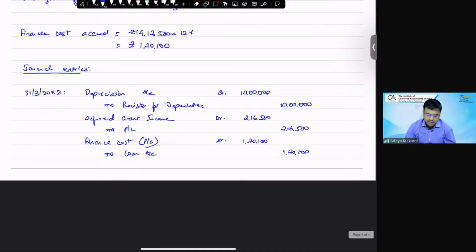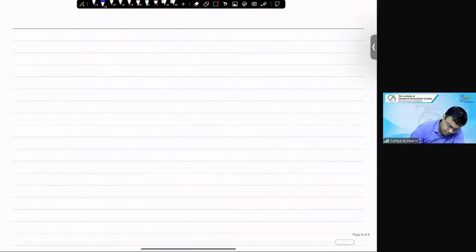So closing balances. Property, plant, equipment.